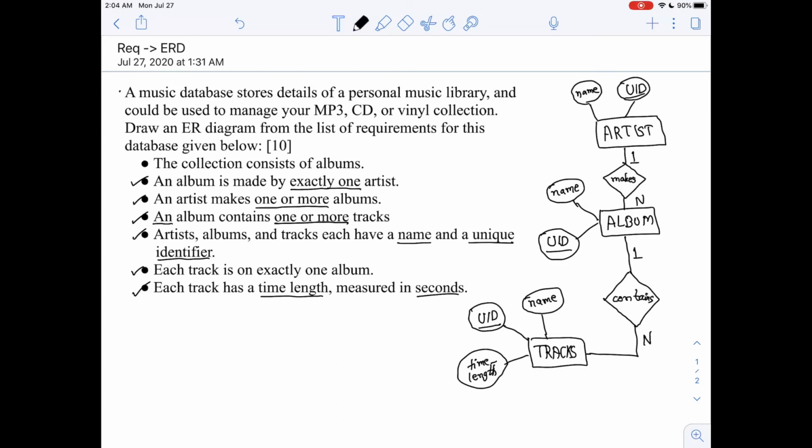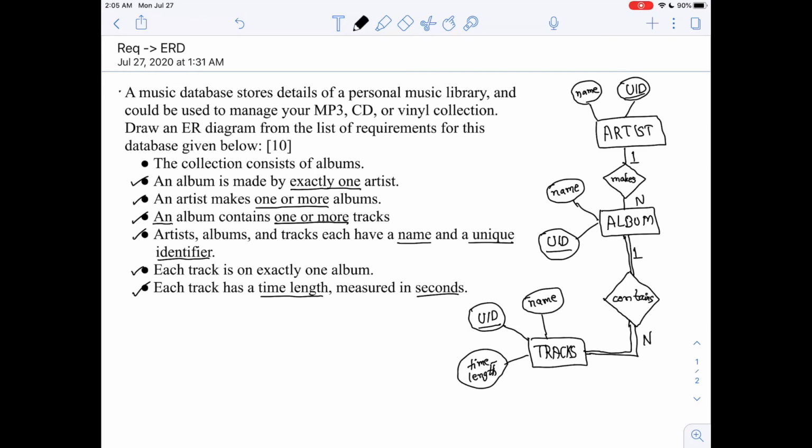Therefore, you cannot have a track existing independently on its own. So since a track will always be on an album, this must mean that it is a mandatory relationship that it's participating in with album. Furthermore, just based on common sense, can we have an album that has no tracks? What kind of album would it be if it had no songs? So therefore, this must also be a mandatory participation.